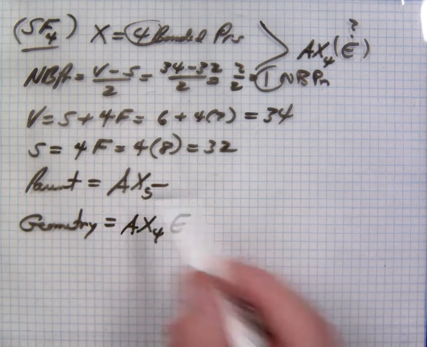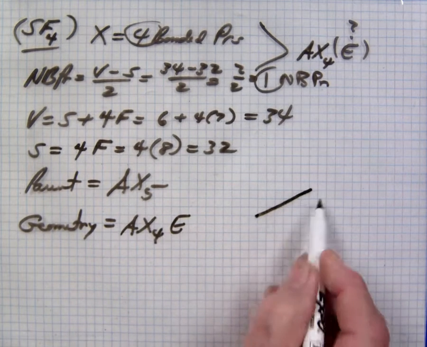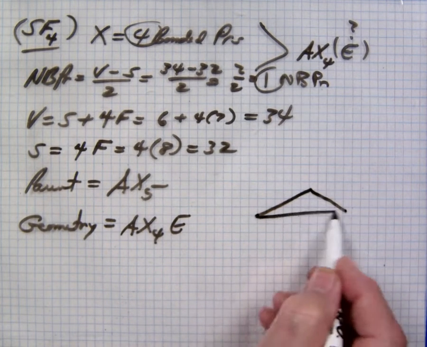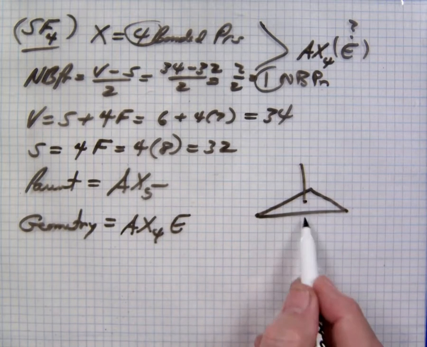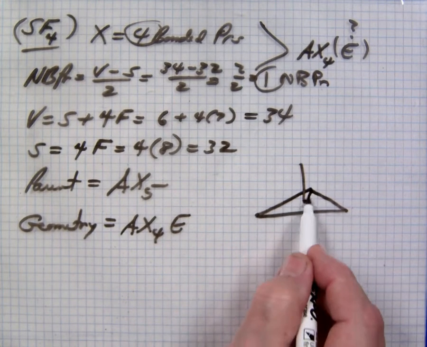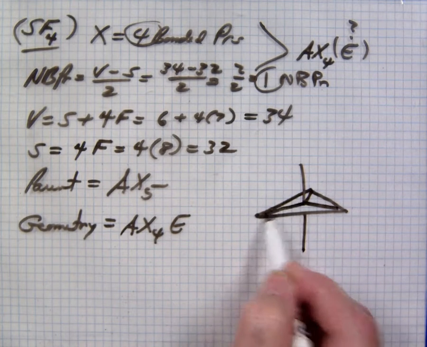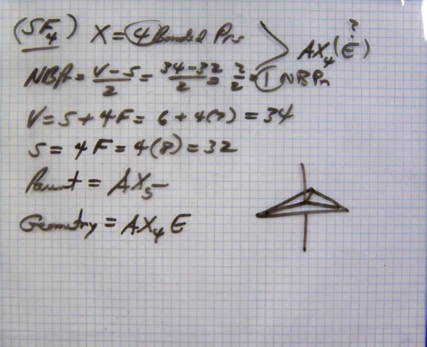So since it's a parent structure of trigonal bipyramid, we want to draw our little triangle, and one to the center and one out here, and then put bars from the center outward like that. Now this is rule 1, and there's only one rule here in placement of your non-bonded pairs.